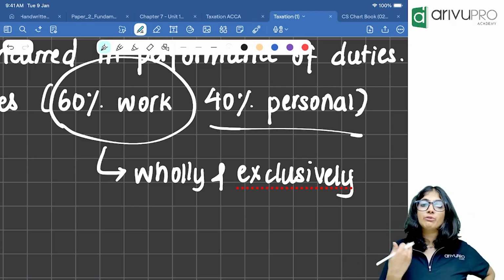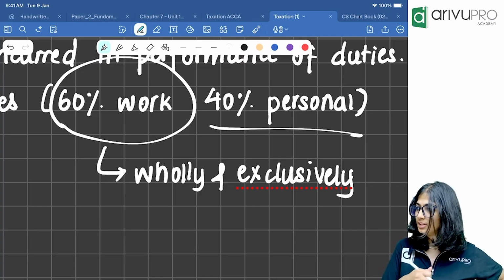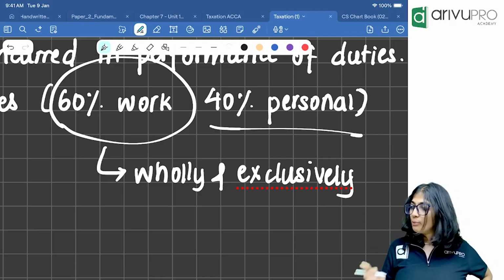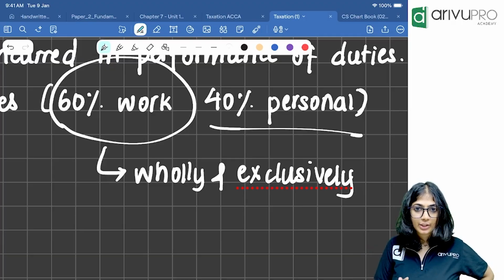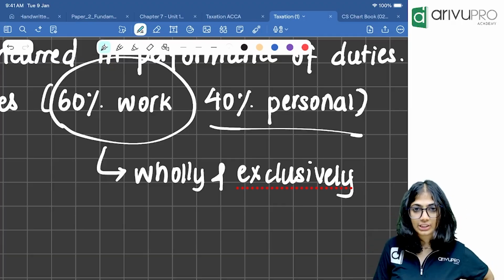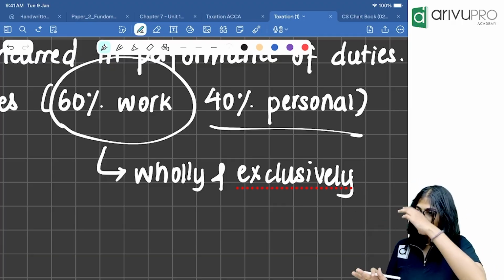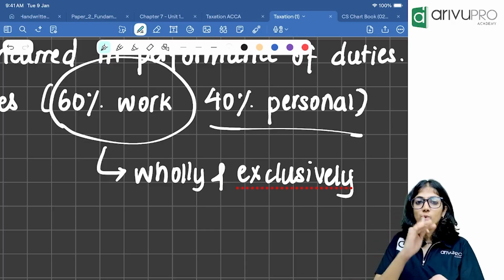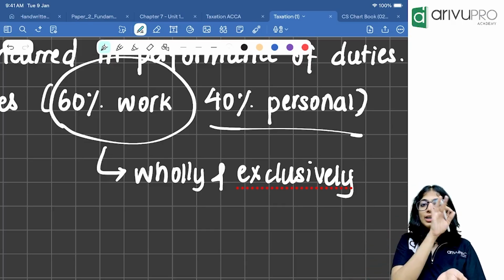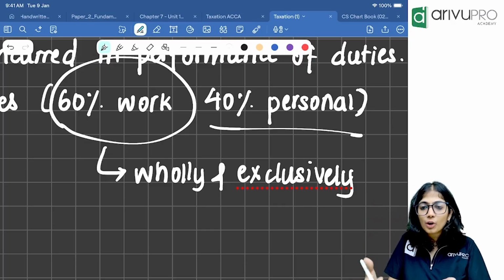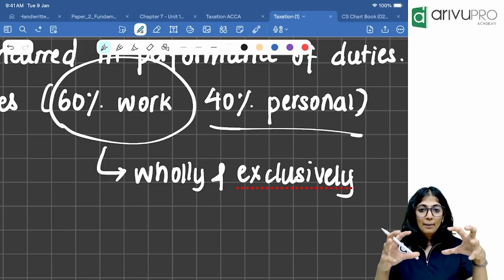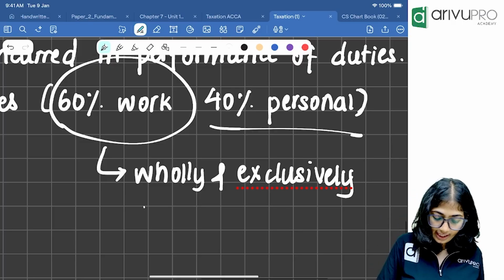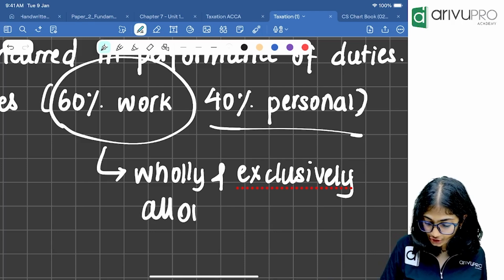Anything that you're using for personal use, whether it's Wi-Fi, whether it's telephone, whether it's a car that is provided to you, whether it's the accommodation that is provided to you, if you're using it for work purposes only, that part of the expense that you're using for your employment, only that part is an allowable deduction.